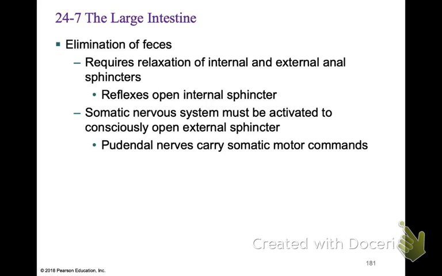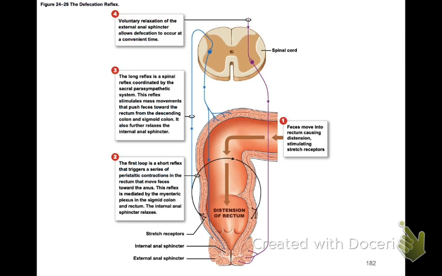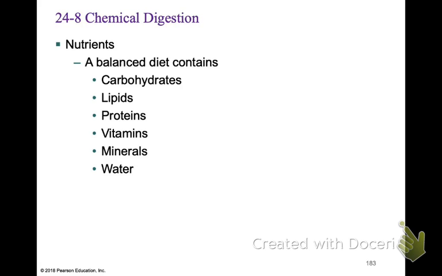And those are carried by the pudendal nerves, which are going to supply the nerves at the pelvic floor. So there's a diagram showing you the control of the internal and external sphincters. Okay, last topic is chemical digestion, getting our nutrients digested.